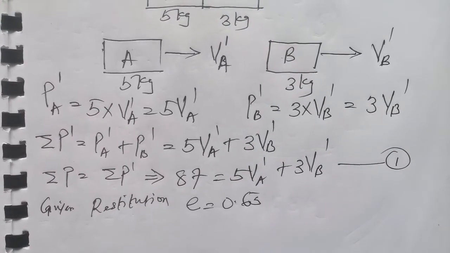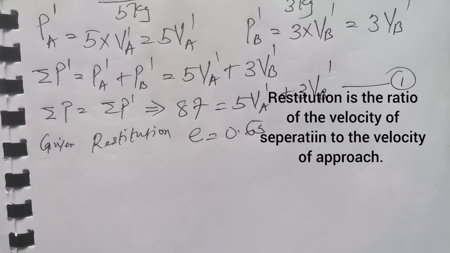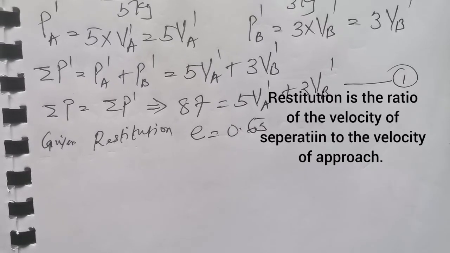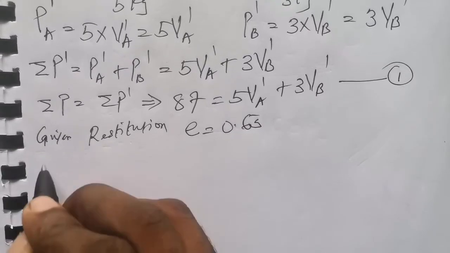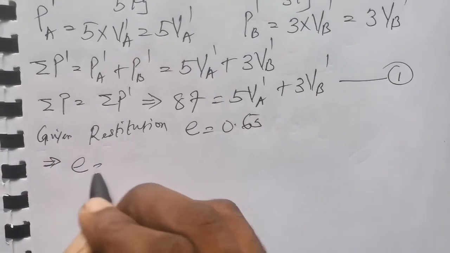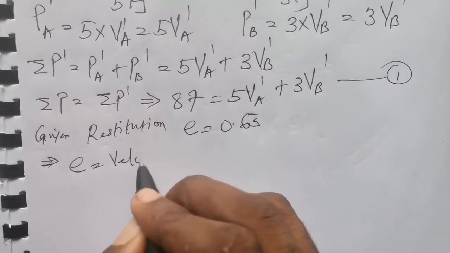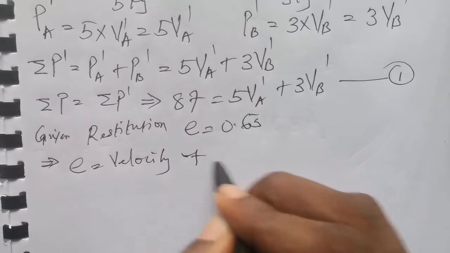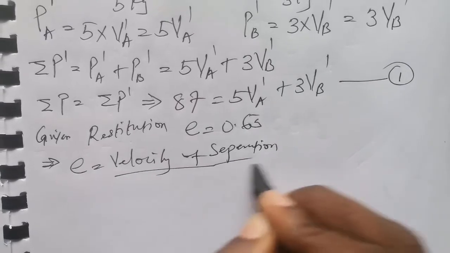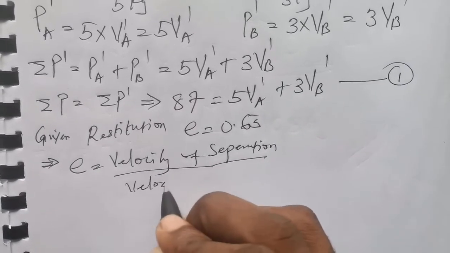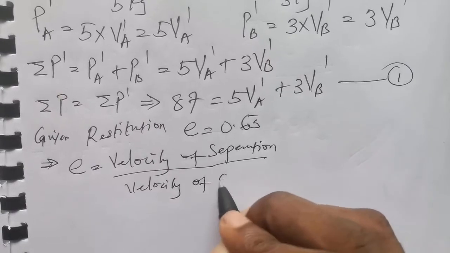What then is restitution? Now, restitution is simply the ratio of the velocity of separation to the velocity of approach. So this simply means E equals velocity of separation all over the velocity of approach.